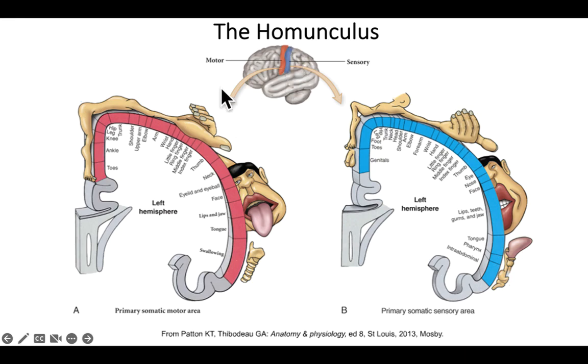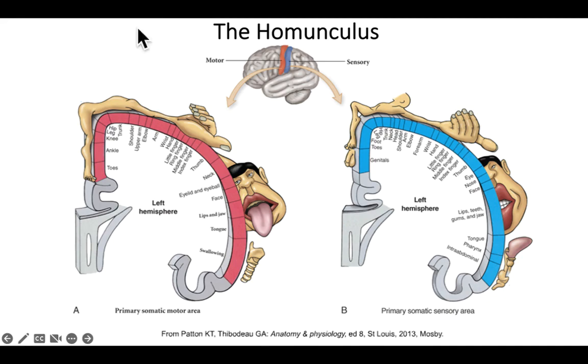And they've actually figured out where the neurons go from each part of this primary motor. All right, so they know that the neurons here, probably right about here, are going to go to the arm. All right, and they're going to control muscles there.